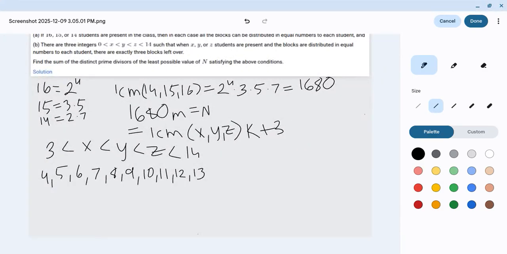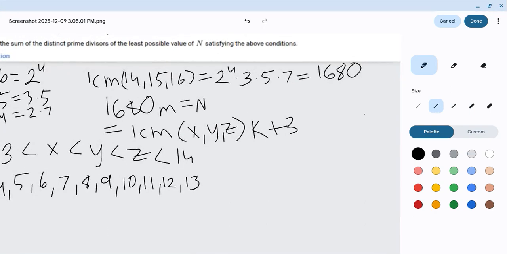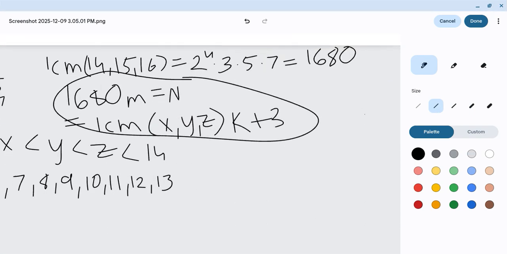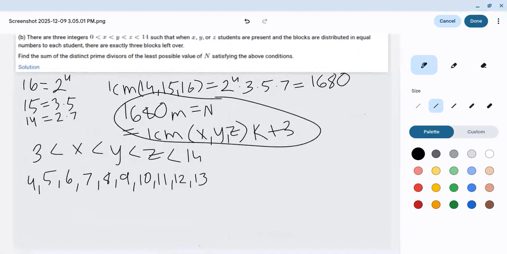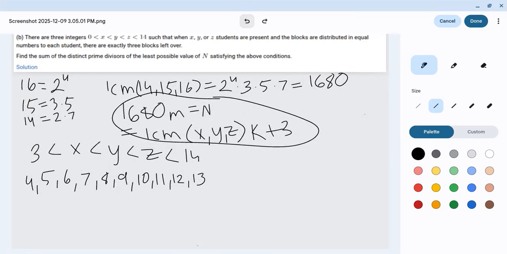Now we focus on this. How do we know which of these numbers to choose? Well, we have this LCM plus 3. If we want this entire thing to be a multiple of 16, this cannot be a multiple of 2, because adding 3 to that will make it odd.